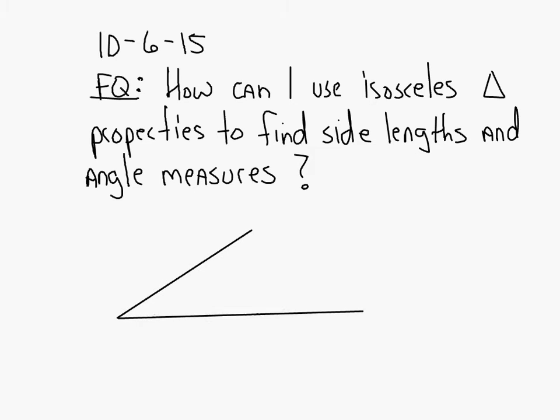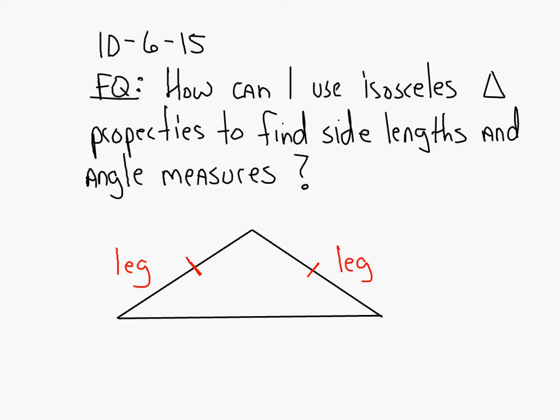Y'all remember anything about an isosceles triangle? It's got two congruent sides, first of all. Those two congruent sides are called legs. The other side in the triangle is called the base.